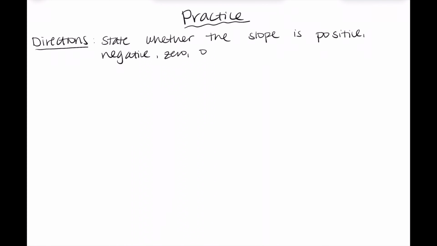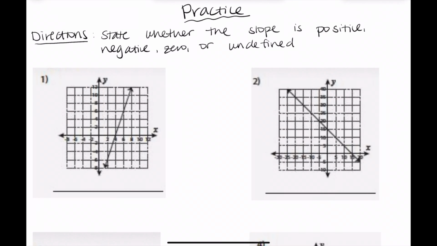So this will be practice on determining the 4 types of slope. So we will start here. Looking at the graph for number 1, we can see that this one is a positive slope because as our x values increase, as we move to the right, our y values also increase. So this would be a positively sloped line.